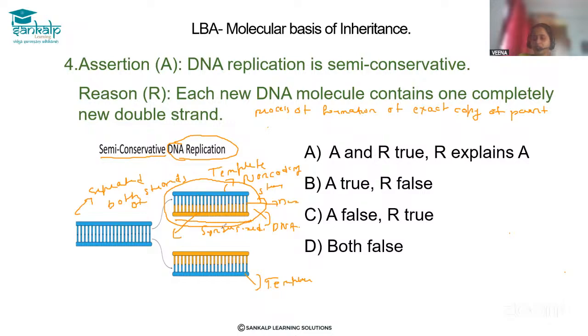Okay, not both strands. So the reason is not correct here. So which one is the correct answer, dear student? Option A, that is A is true and R is false. Okay. So the assertion is correct, the reason is wrong. Thank you.